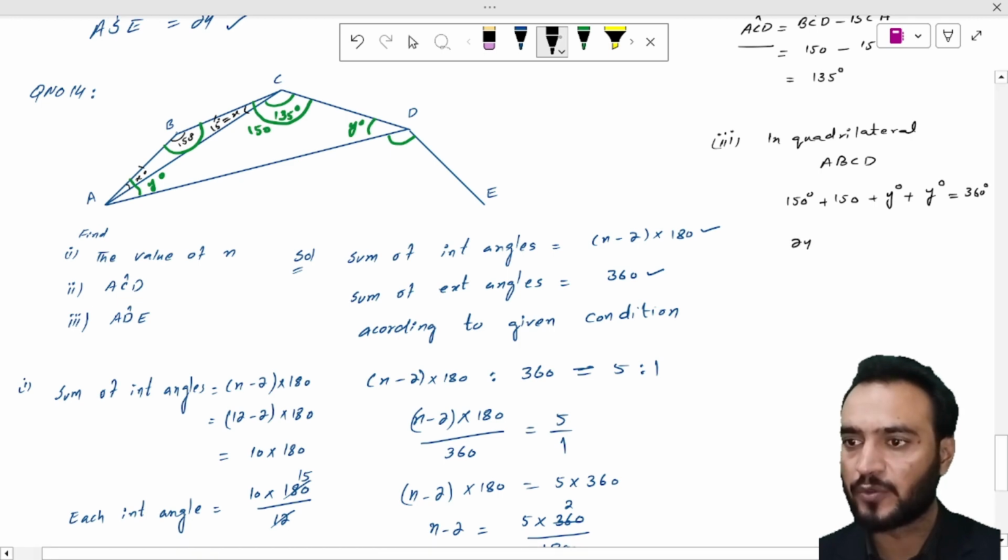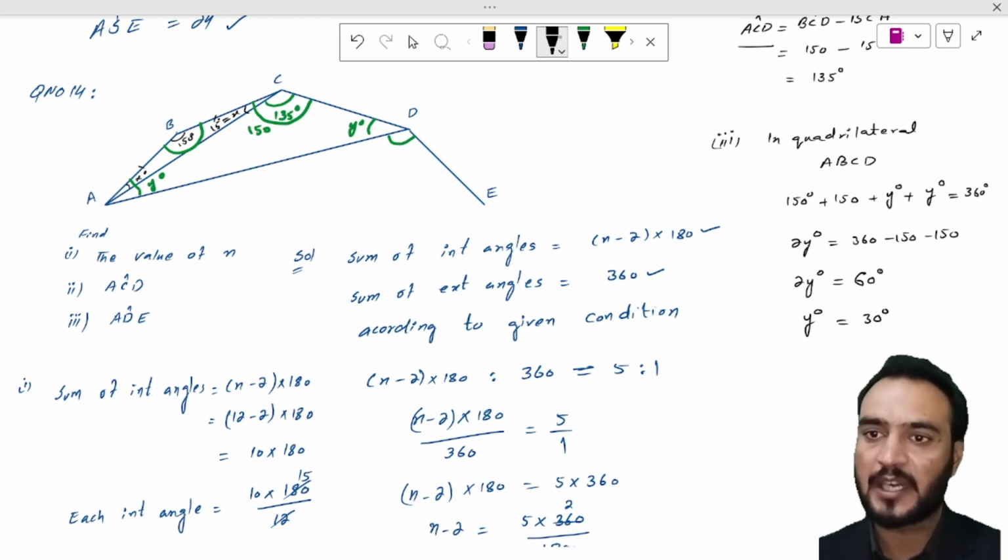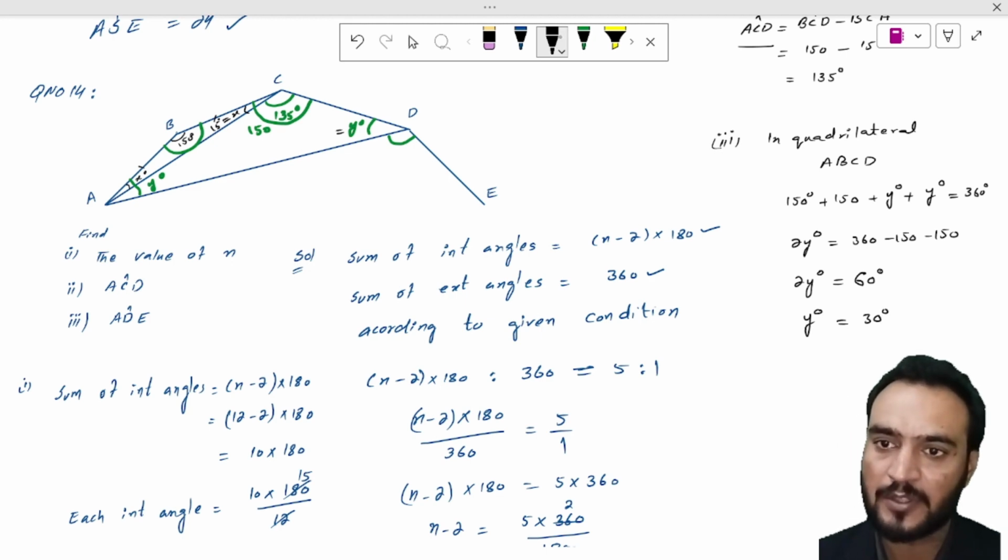This becomes 2y degrees equals 360 minus 150 minus 150. 2y degrees equals 60 degrees. Dividing it by 2, we get the value of y degrees, which is equal to 30 degrees.